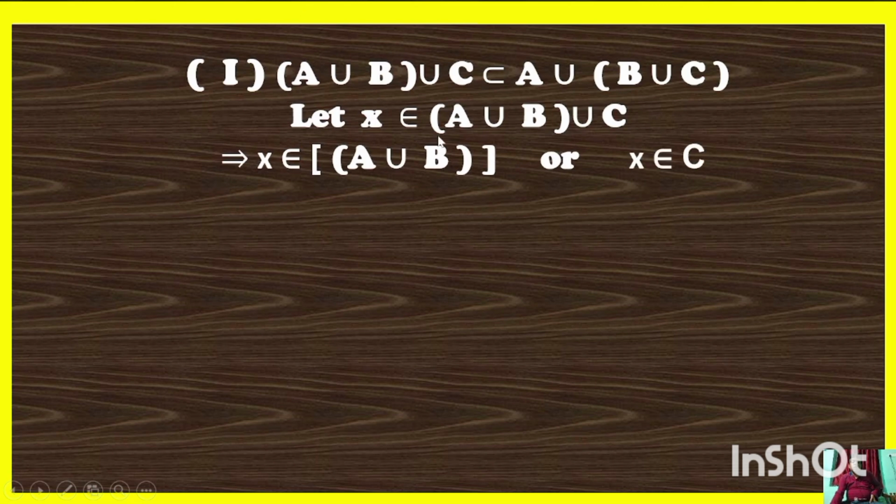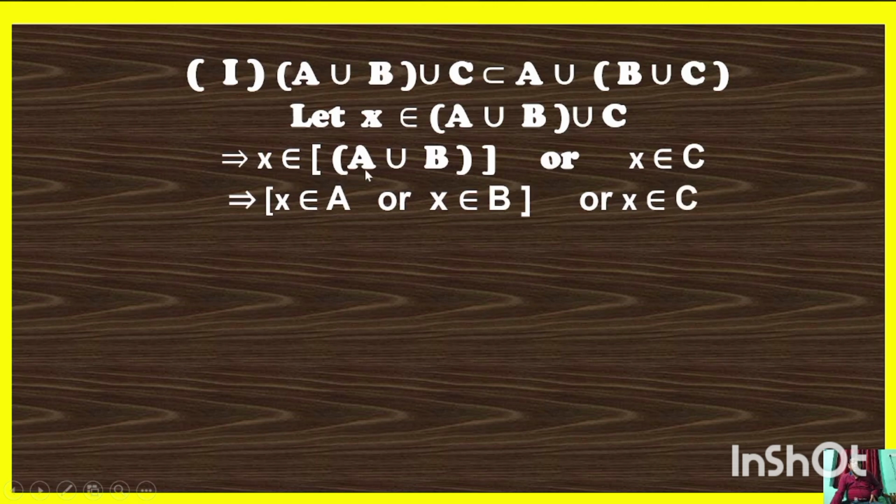First point we have to prove: (A union B) union C is a subset of A union (B union C). Let X belong to (A union B) union C, right? It means X belongs to (A union B), or X belongs to C. Understand?